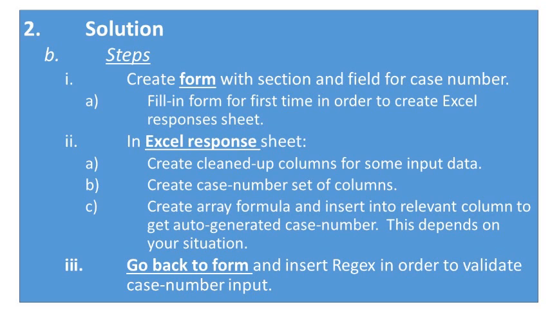And then the third and last step is where you go back to the form and then insert the regex formula to validate the data. I will now cover some of the steps in greater detail. Because these steps are covered in other videos, I will not go into too much depth.